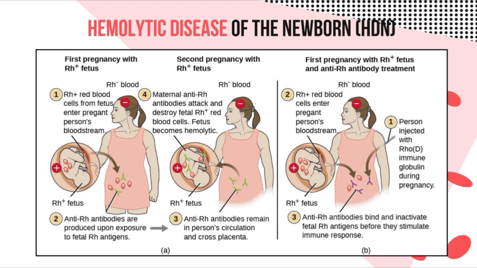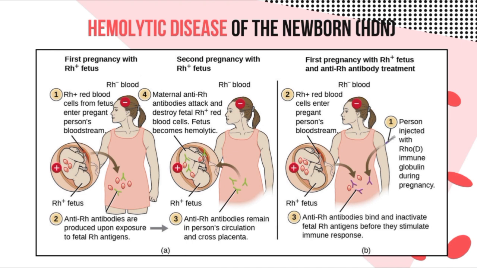So the red blood cells of the RH positive baby can enter the mother's bloodstream. And since the mother is RH negative, the immune system of the mother can trigger an immune response, which leads to the release of anti-RH antibodies.